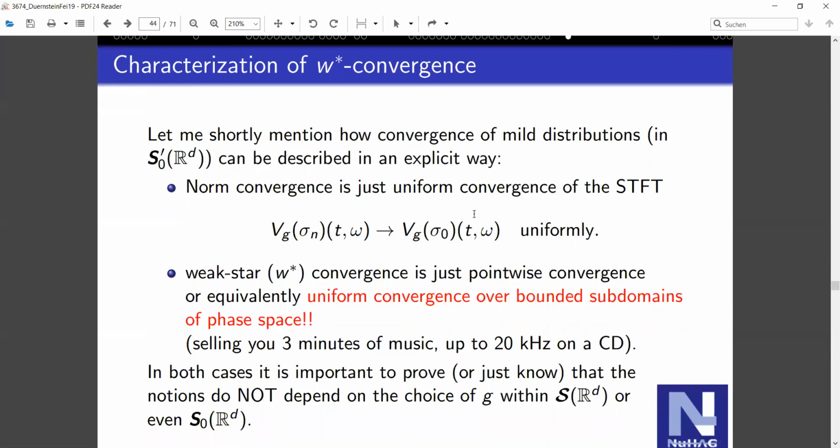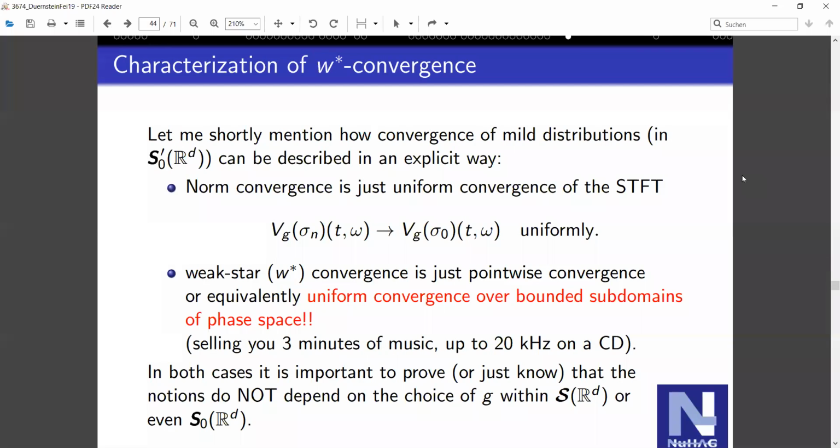Well, actually, I mention once more that if it just converges for every possible test function, the limit will automatically be a linear functional, and even better, by the Banach-Steinhaus theorem, will be a bounded linear functional. So boundedness of the sequence sigma n is kind of automatic once you're having weak star convergence in the strict sense.